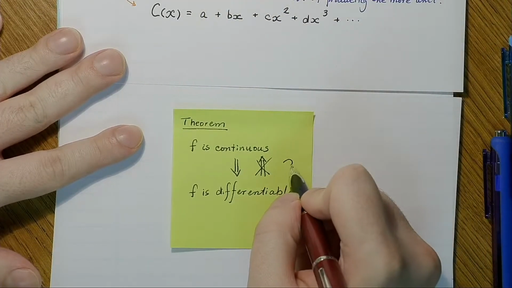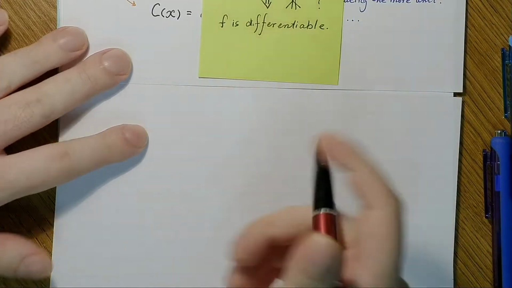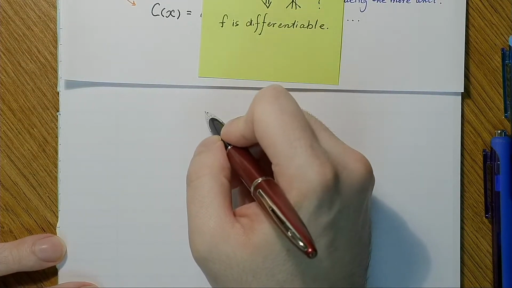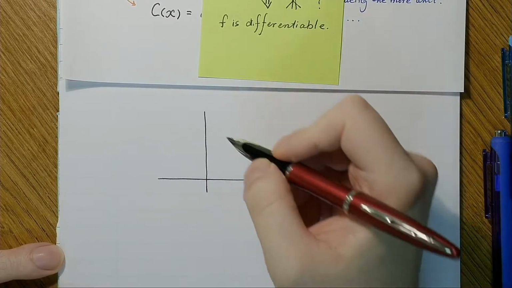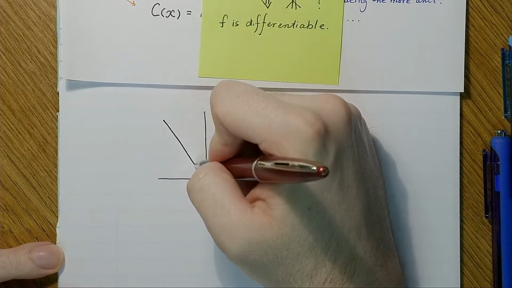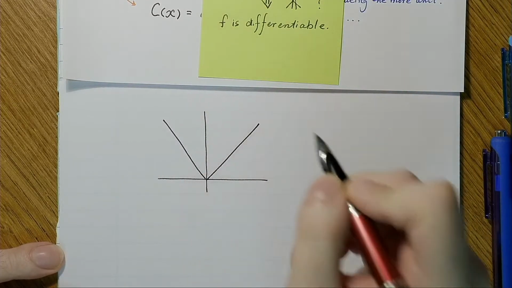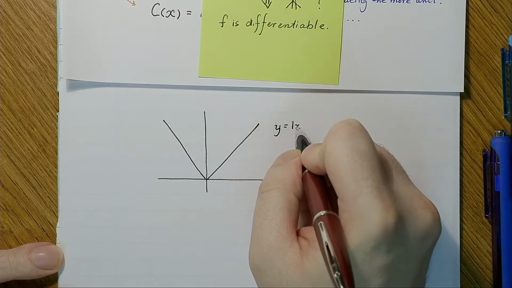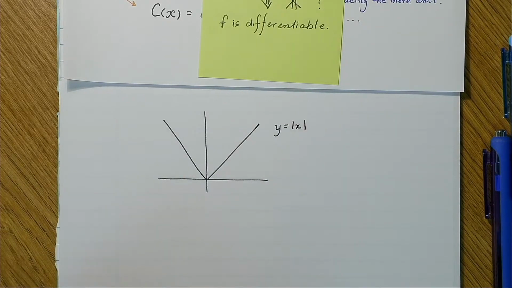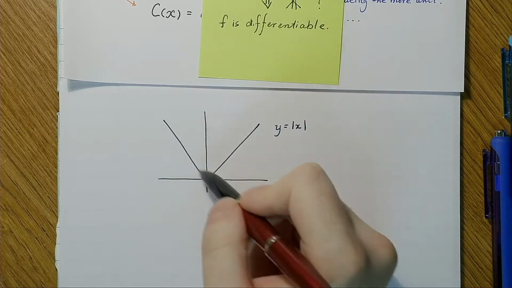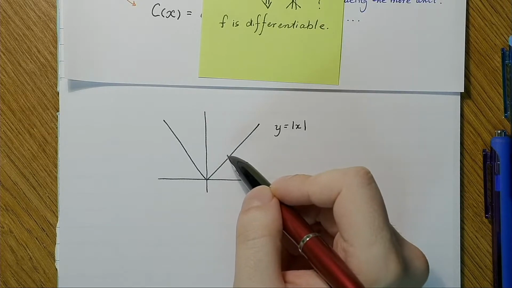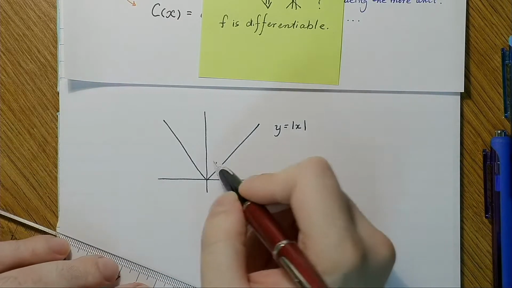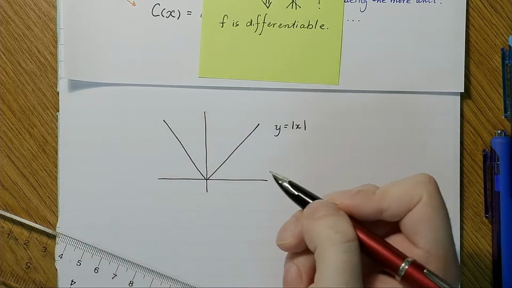So the question is this. I have a continuous function. I have y equals the absolute value of x. Just a quick way of doing it. Now, this is a continuous function. It's a straight line. These are made up of a polynomial going this way, and I have another polynomial going this way.